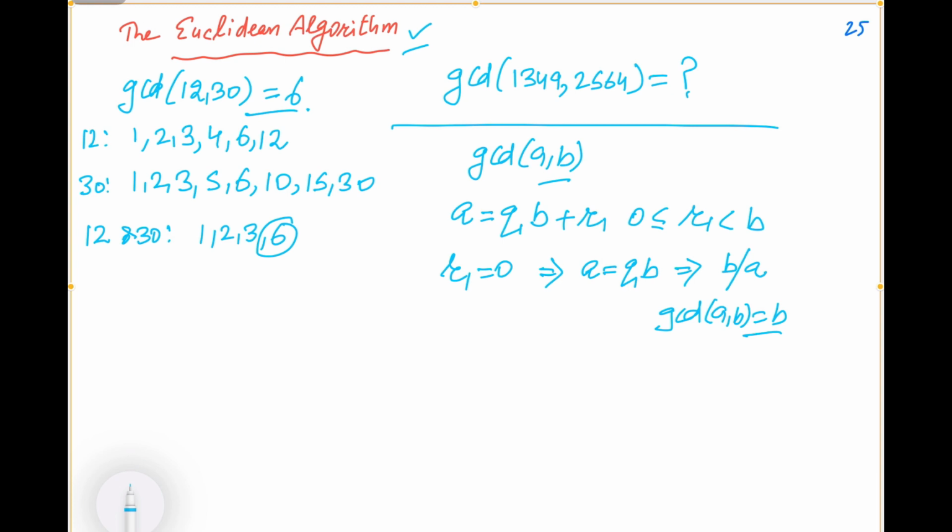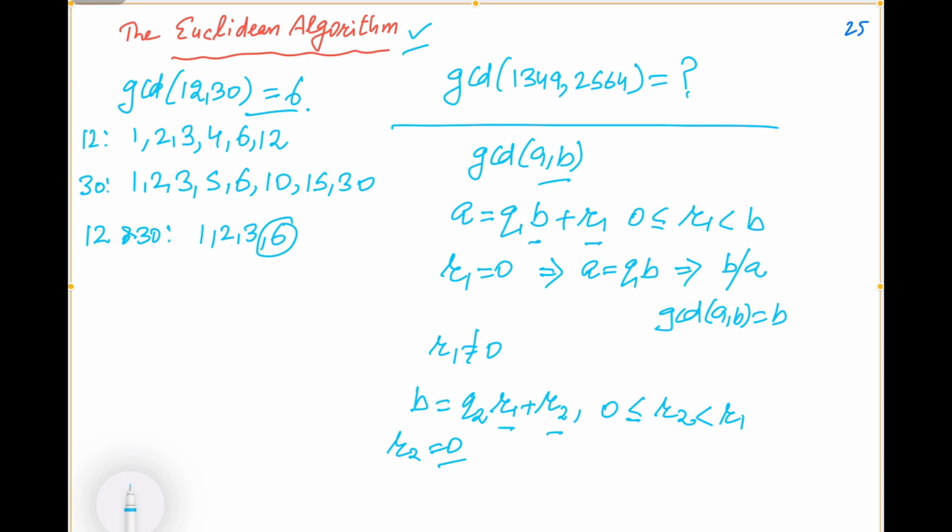But if R1 is not 0, we divide B by R1 to get B equals Q2R1 plus R2, and R2 lies between 0 and R1. If R2 is 0, we are done. If not, we again divide R1 by R2: R1 equals Q3R2 plus R3, where R3 lies between 0 and R2.